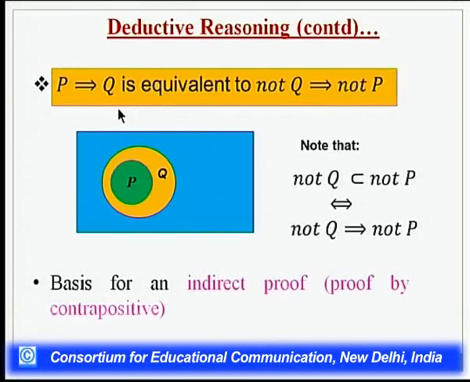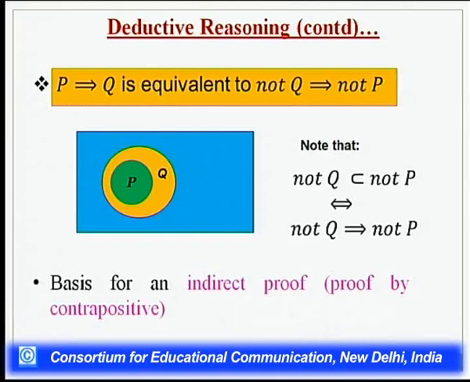Whenever P implies Q, we have established that P is a subset of Q, which you can see in the Venn diagram. Now, if P is a subset of Q, you can see from the Venn diagram that not Q is going to be a subset of not P, because not Q is the area in blue and not P is the area in orange. I think it's looking like a little mango yellow. So the area in this mango yellow color and the blue color will be not P, that's P complement.